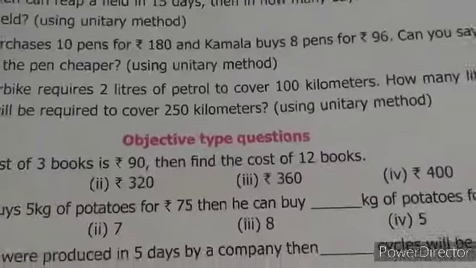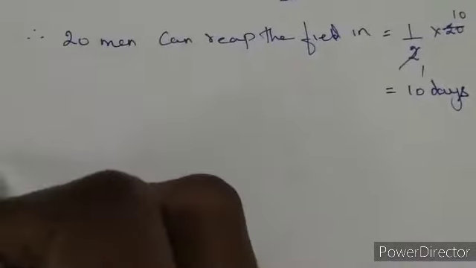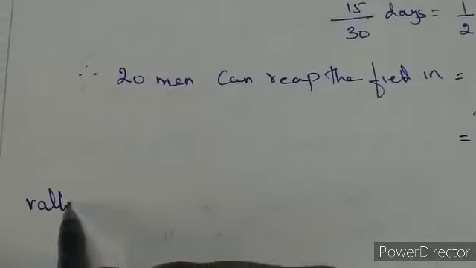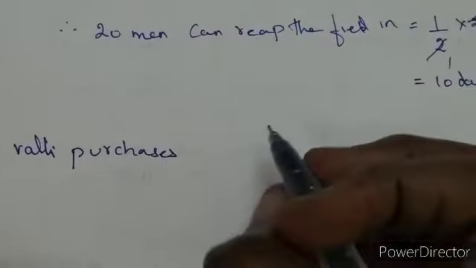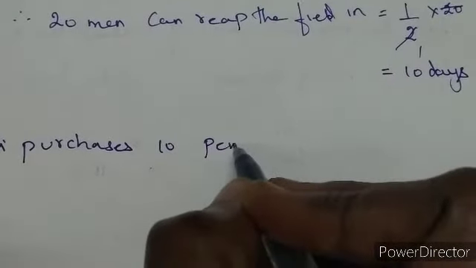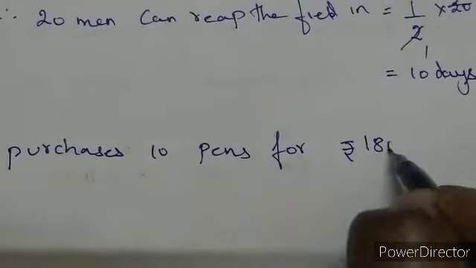So question number 12: Valli purchases 10 pens for rupees 180.